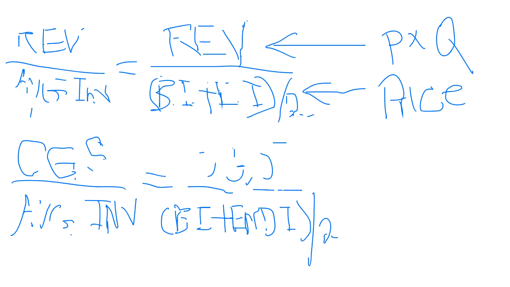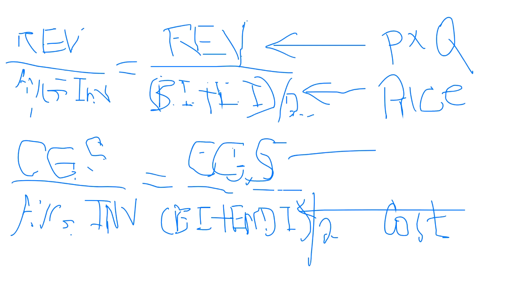And think about it. In manufacturing, all inventory is expressed in cost, right? And that's why you're dividing CGS, which is already cost, right? And it's the cost side of the revenue, right?